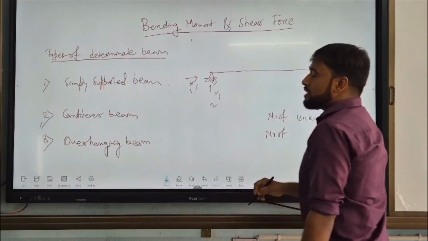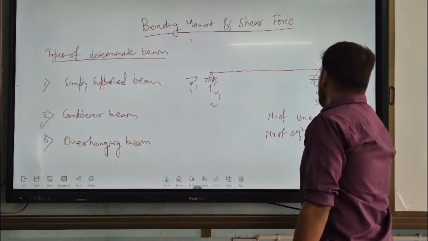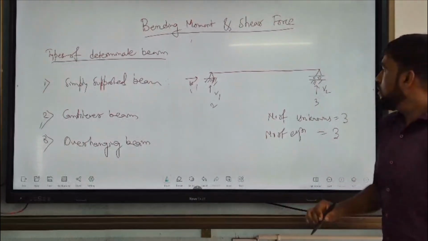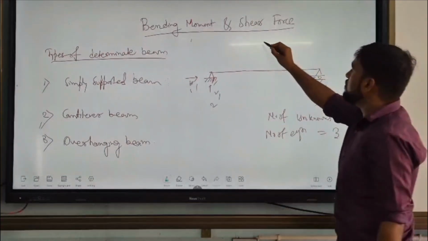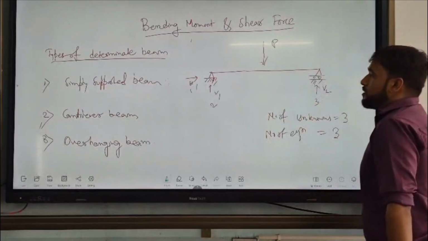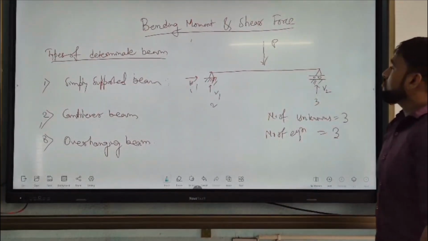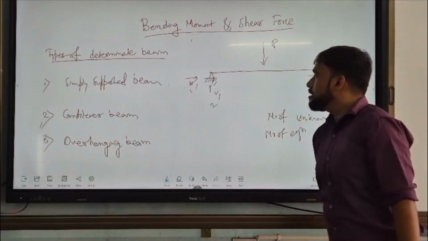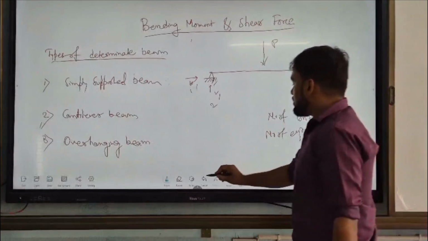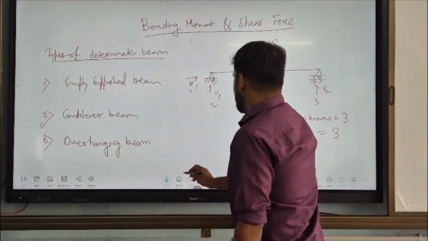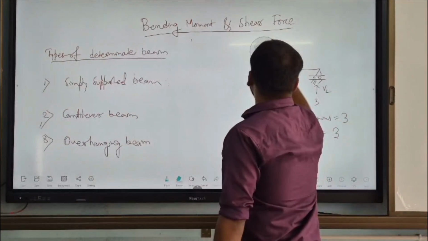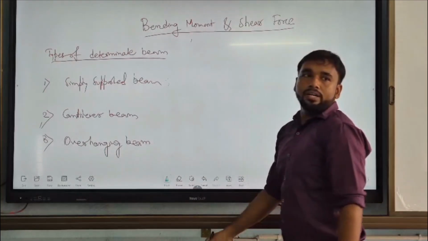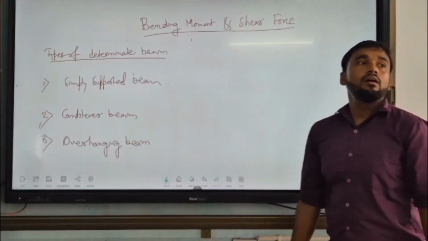Number of equations of static equilibrium is also 3. So there are 3 unknowns and 3 equations. That's why the structure can be solved by using the basic equations of static equilibrium. Here the simply supported beam is subjected to a point load at its midspan. Now these are all about the simply supported beam. Then cantilever beam. What is a cantilever beam?